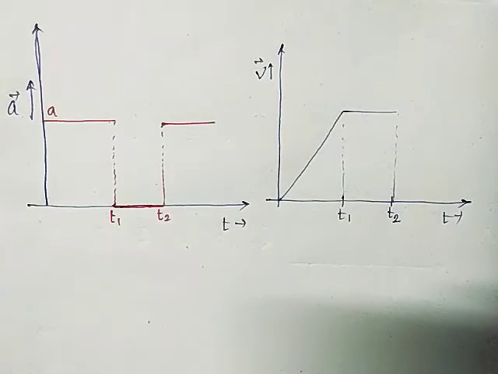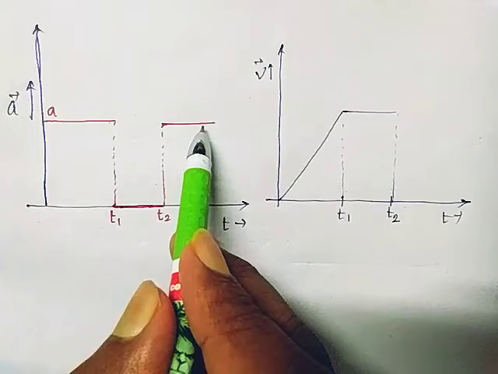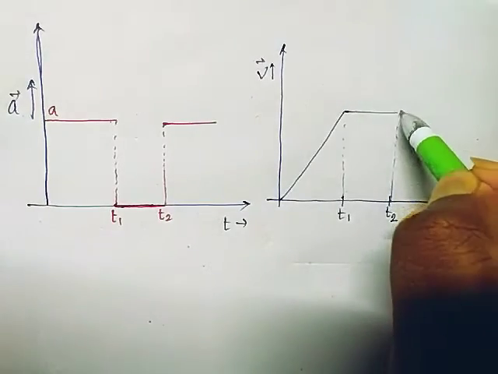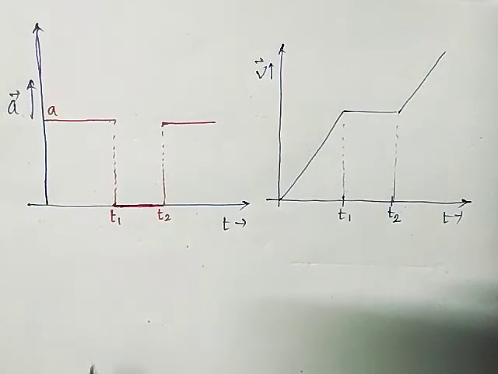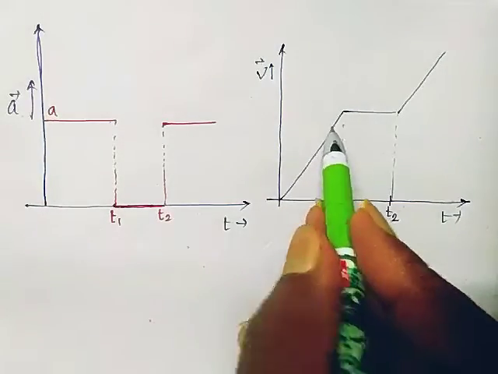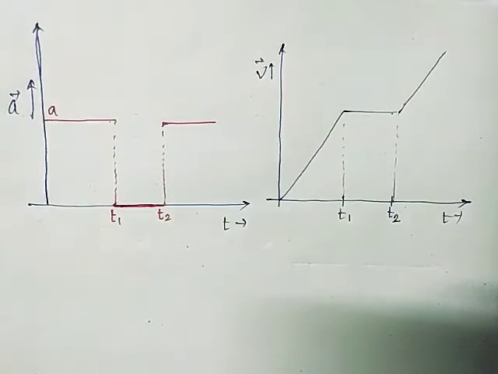After that, for time greater than t2, the acceleration again acts at the same rate. So it will look like this: at first the velocity is increasing, then it becomes constant, and then again increasing.